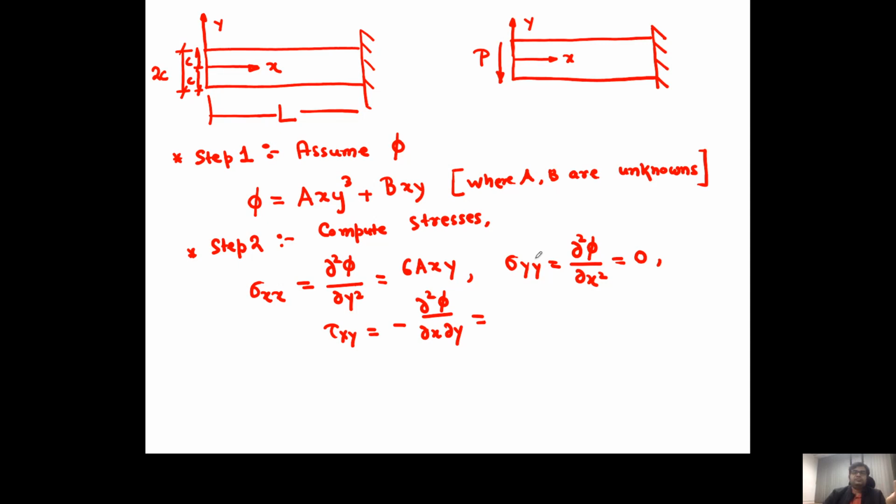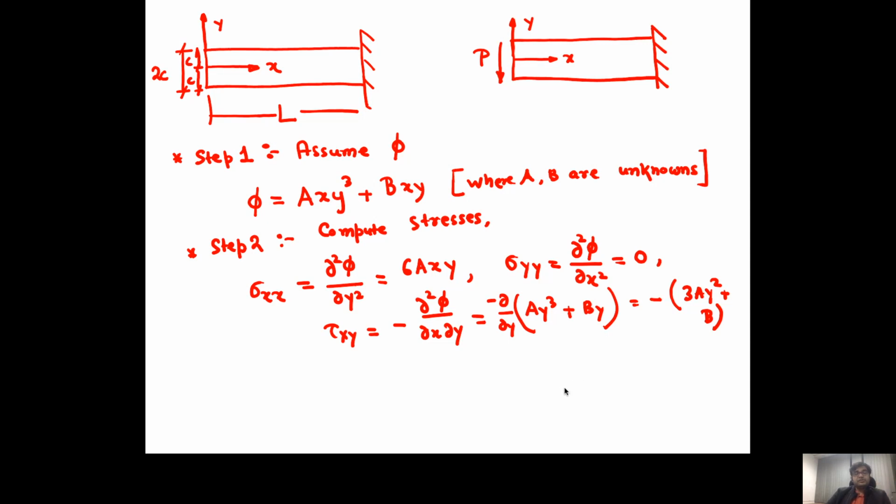Let us see, first let us take derivative with respect to x, so that will give us 3a y square plus b y. Then we take derivative with respect to y, and that becomes minus 3a y square plus b, right? So this is your tau xy.